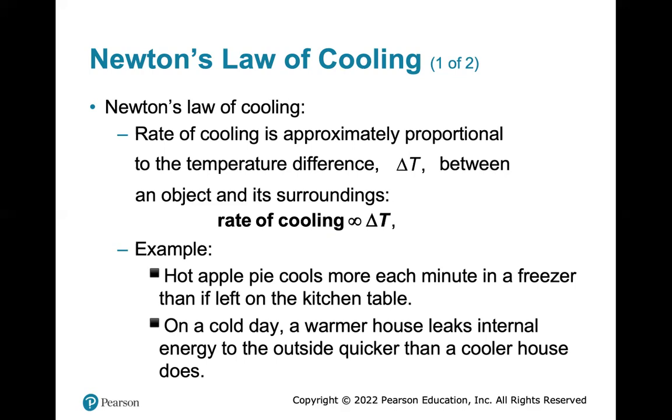So you probably wouldn't want to do that. But according to Newton's law of cooling, because the delta T is greater, the rate of cooling will be greater. So a hot apple pie cools more each minute in a freezer than if left on the kitchen table. On a cold day, a warmer house leaks internal energy to the outside quicker than a cooler house does.